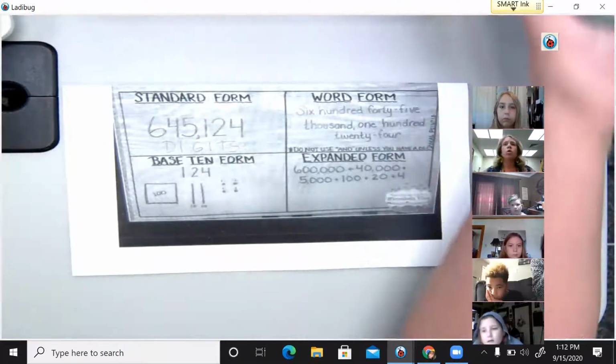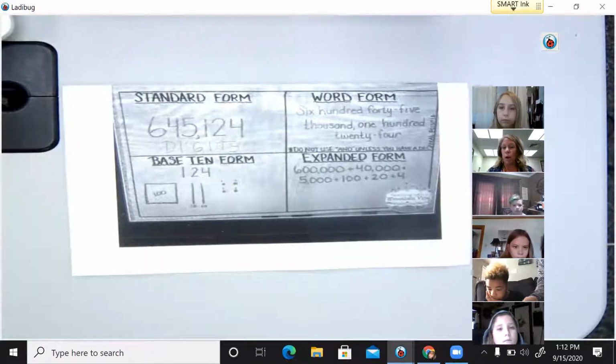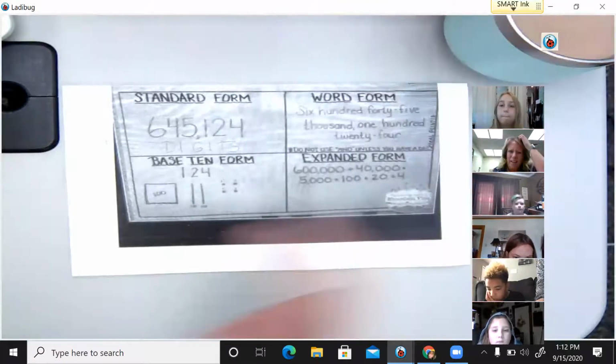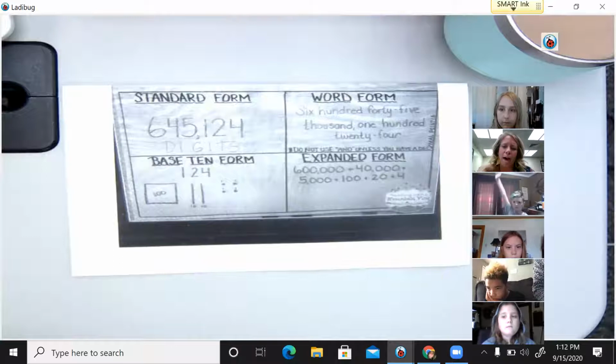You probably have been learning about base 10 since kindergarten, maybe even first grade. What is base 10? Or what are base 10 blocks? I bet you've probably been playing with them at recess, and maybe you didn't even know it was a math tool. What do you remember, Peyton, about base 10 blocks?